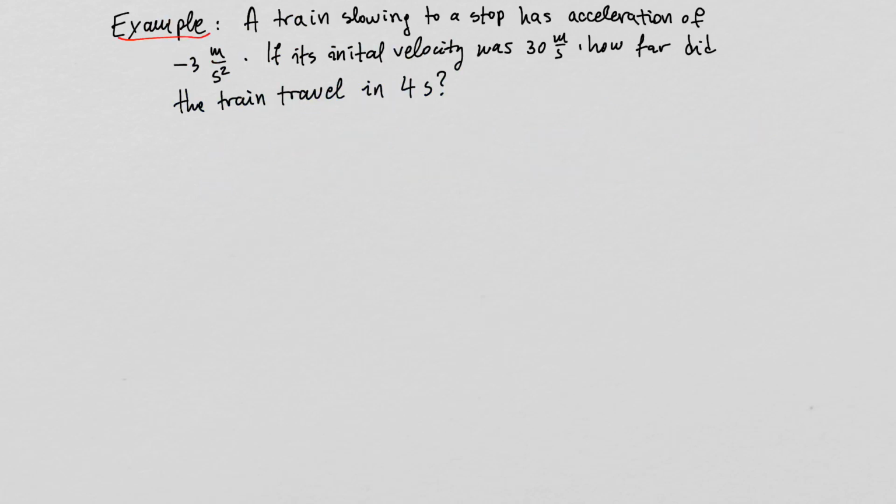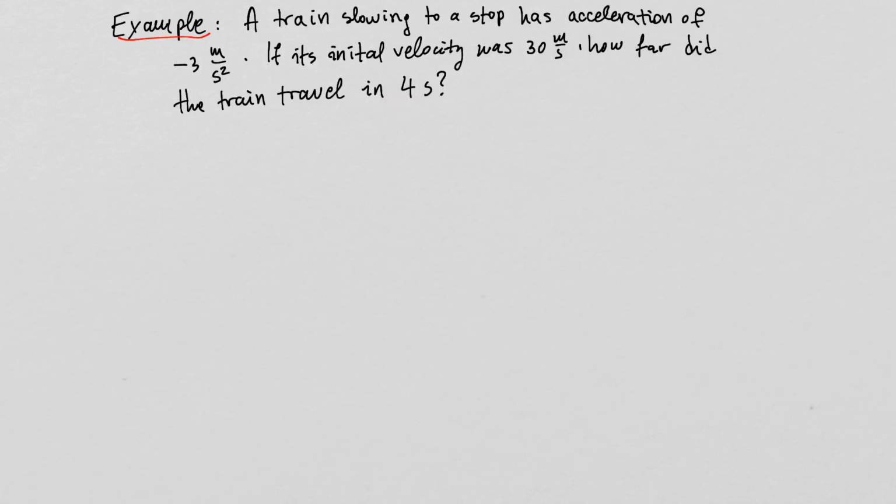To illustrate the calculation with the formula for distance traveled with constant acceleration, let's look at the following example. A train is slowing to a stop and it has acceleration of -3 meters per second squared. If its initial velocity was 30 meters per second, how far did the train travel in 4 seconds?